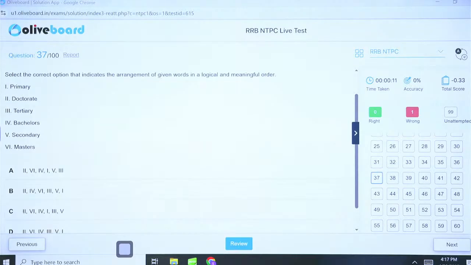Technically we would like to start with primary, but if you look at the options, none of them starts with primary. So that means it is starting from the doctorate, coming in the reverse order. So first is doctorate, so this is done with.